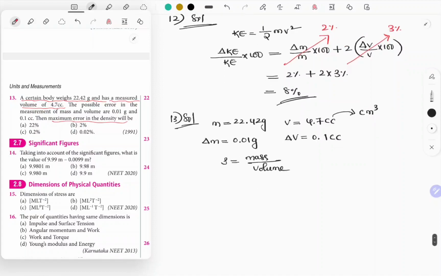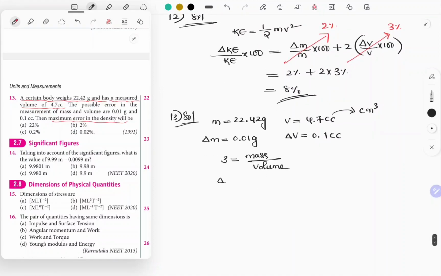I need percentage error. So delta rho by rho into 100 is equal to delta m by m into 100 plus delta v by v into 100. If I substitute delta m, they have given it is 0.01 divided by 22.42.